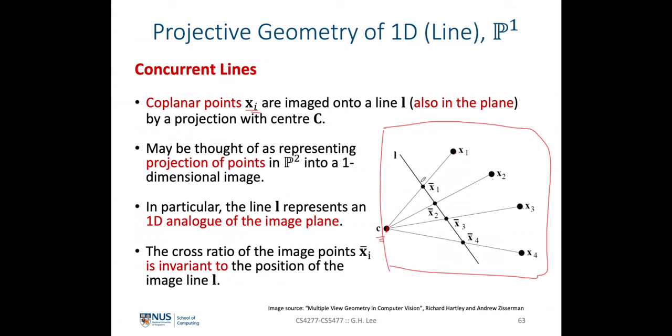And this would also fulfill the cross ratio property. It can be thought of as the projection of the 2D space over here, with all these points lying on a plane, into a 1D space here. And in particular, this line here would represent the one-dimensional image of the projection. The cross ratio of these 4 collinear points would be satisfied as well.